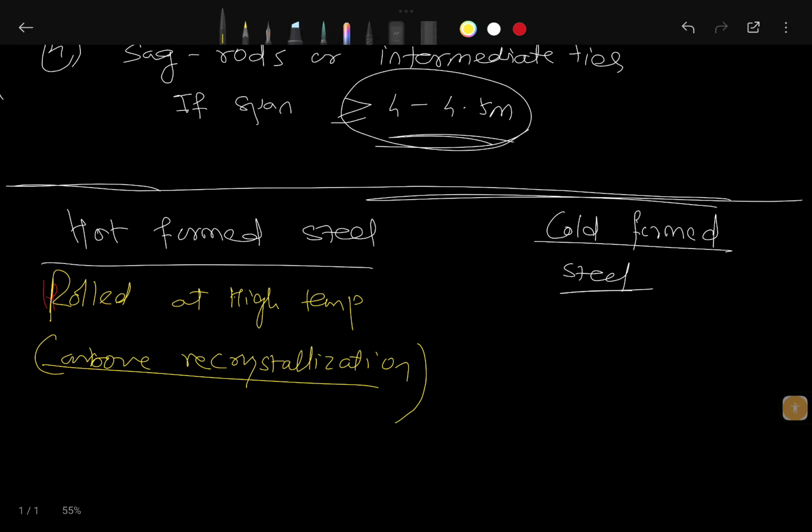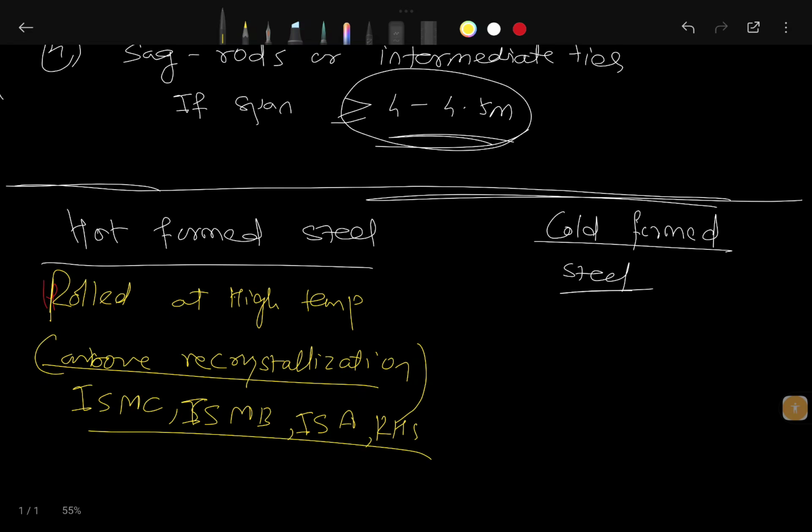That means it doesn't regain its shape. These hot roll sections are ISMC, ISMB, or ISA Indian Standard Angle section, or rectangular hollow section. These sections are hot roll sections.